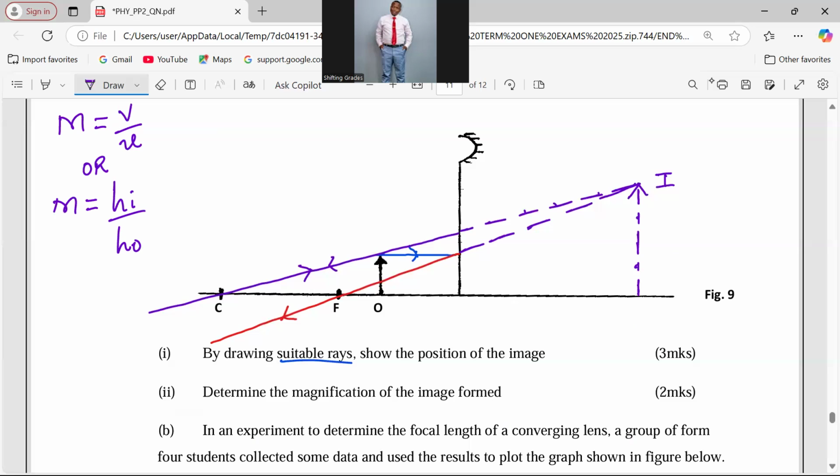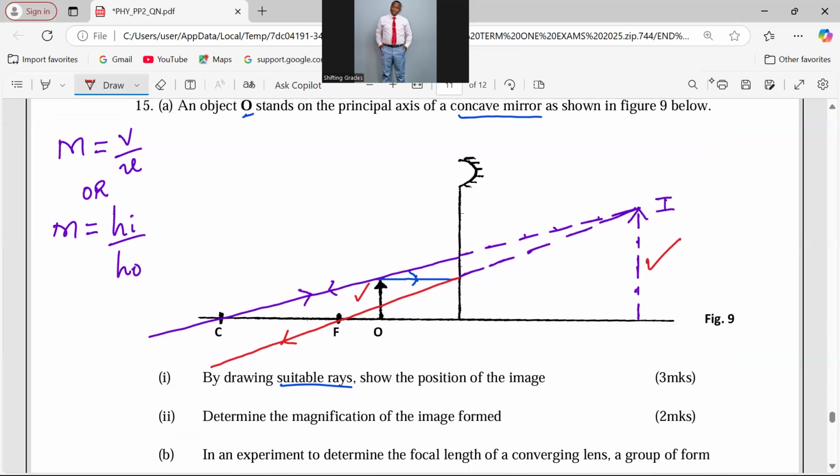Therefore, somebody can use the heights. The height for this image divided by height of the object it was. You get the same ratio as when you take the image distance.